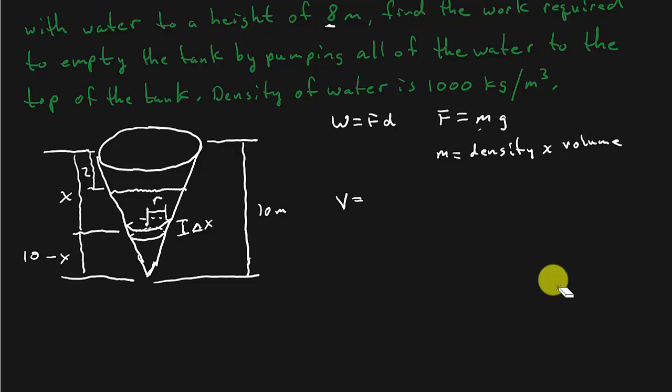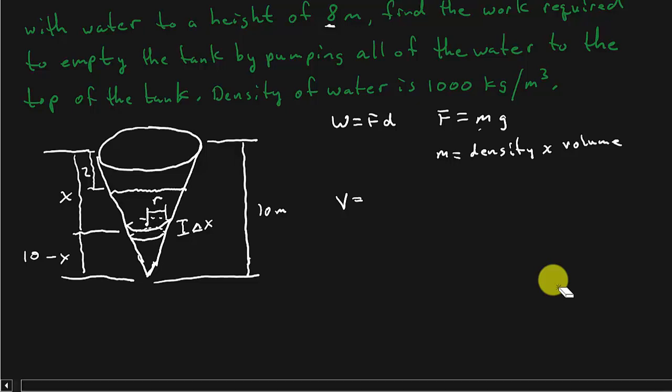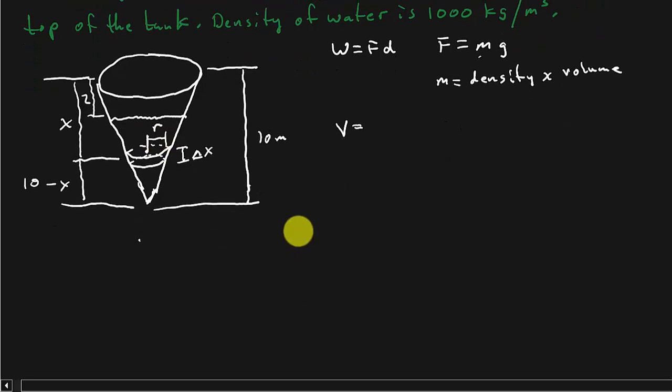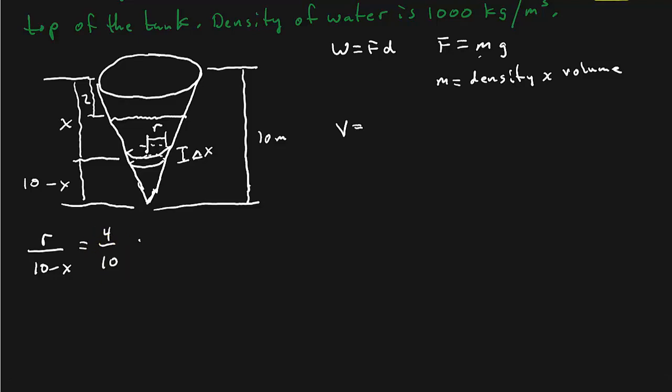Well, to figure that out, I need to get everything in terms of x. This radius right now is r, but I don't want r. I want this radius in terms of x. So we can do that by saying r over 10 minus x is equal to 4 over 10.